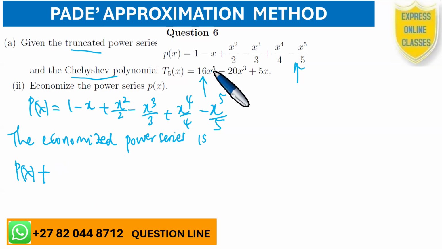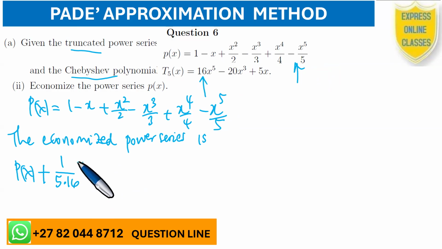So in the end, the coefficient of x to the fifth power in P of x is minus 1 over 5. We need to make it 1 over 5. But it is a 16, so we make it 1 over 5 by 16, because if you multiply by the 16, it's going to be 1/5.